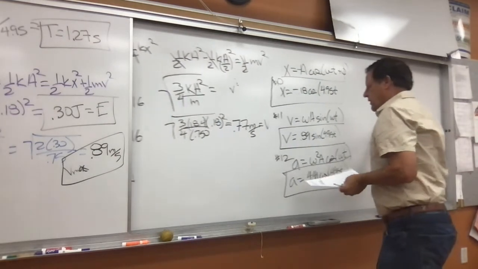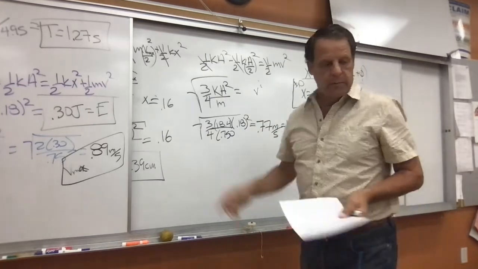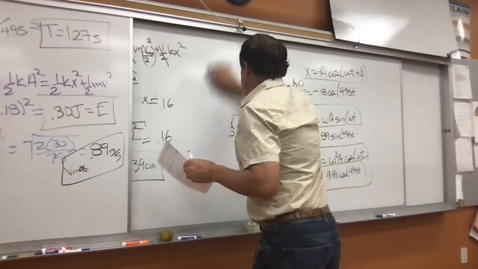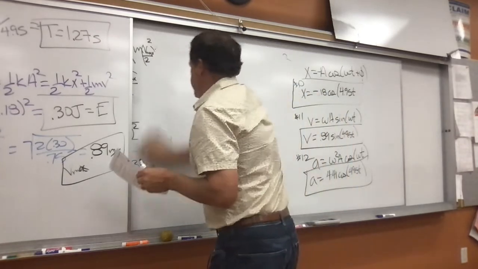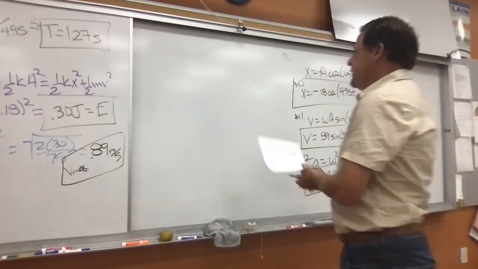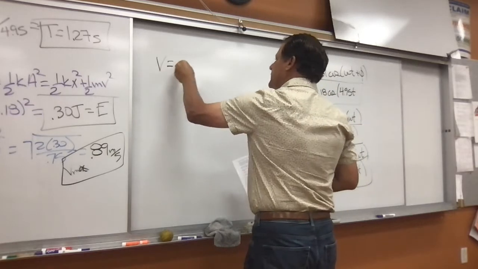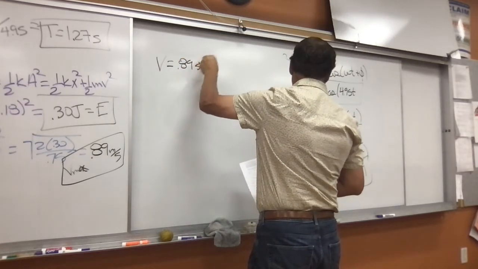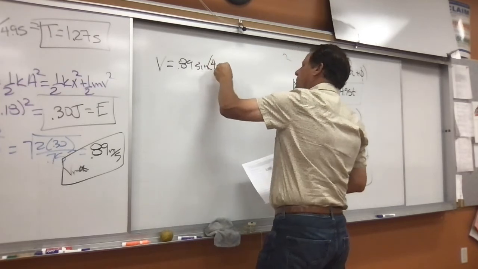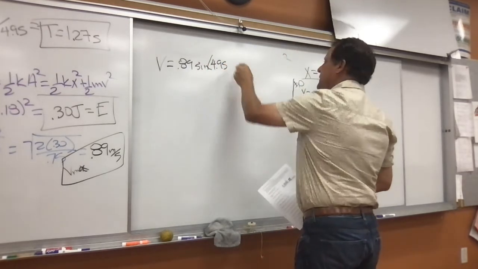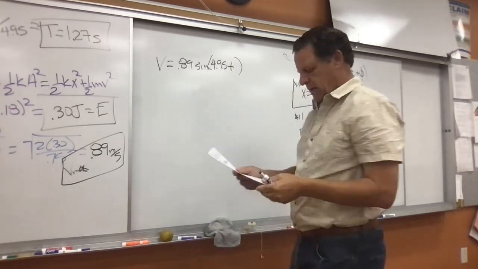I'm going to get rid of some of this right here, and we're going to use our equation of velocity is equal to 0.89 sine of 4.95 t. Okay.